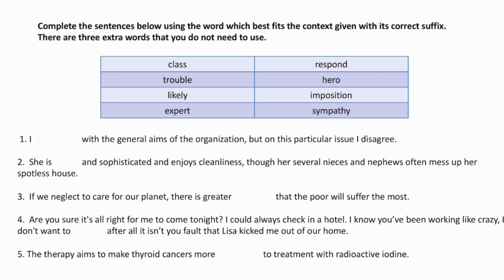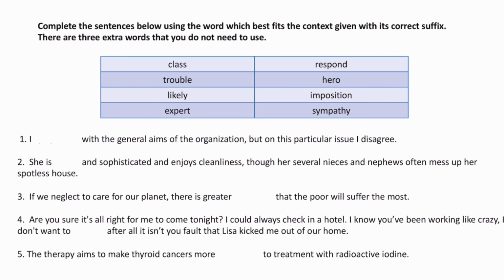Here we have, complete the sentences below using the word which best fits the context given, which is correct suffix. There are 3 extra words that you do not need to use. And I'm going to go more by context here and then change with the correct suffix. So first we have I with the general aims of organization, but on this particular issue I disagree.